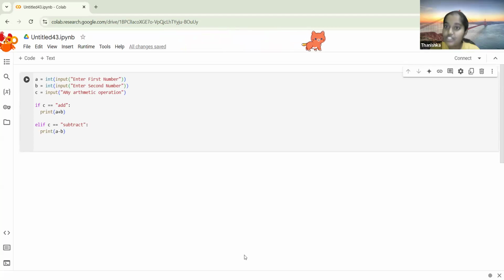Else, then you can use else because addition is done, subtraction is done, multiplication is done. So you used if and then else if like elif, and finally the last option is division. You need not write elif C is equal to division, because if it's not addition, not subtraction, not multiplication, then it will be division, right?